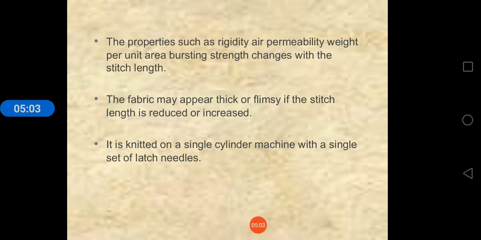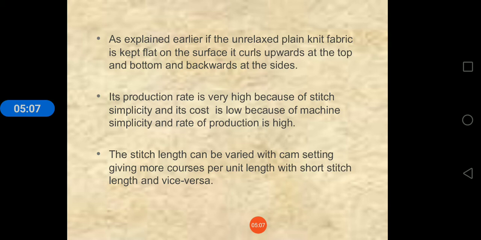On single cylinder machines with a single set of latch needles, the production rate is very high because of stitch simplicity, and the cost is low because of machine simplicity.